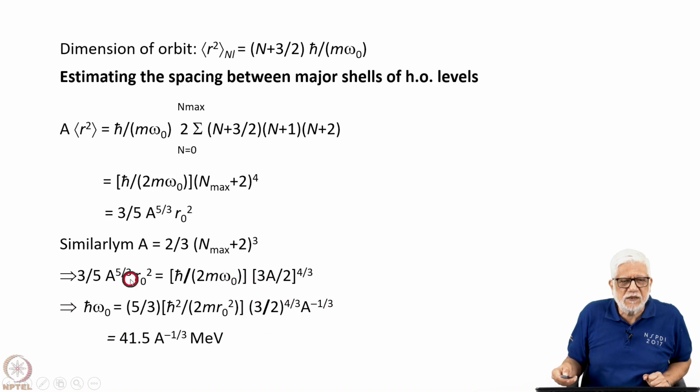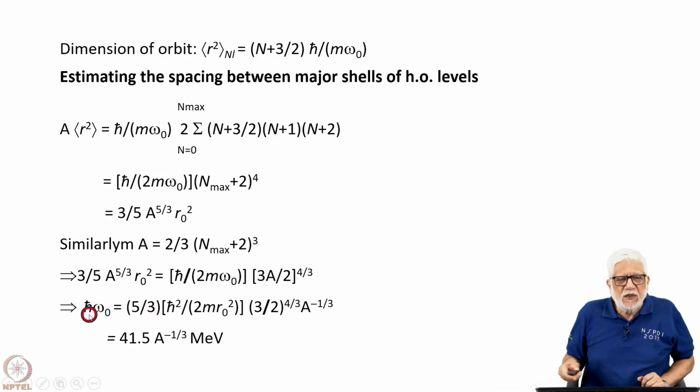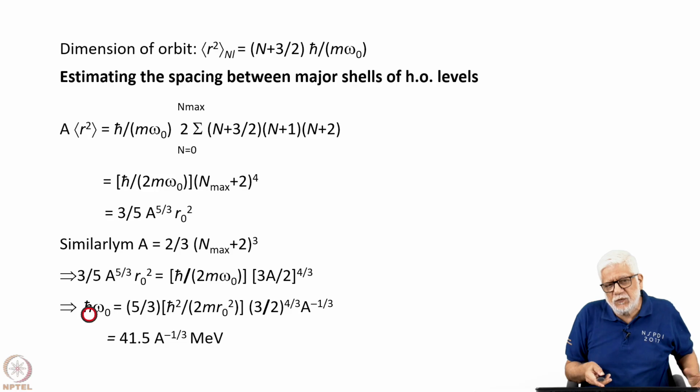And if you combine this from this relation, you can get a h cross omega 0, which is about 41.5 times a to the minus 1/3. So, the spacing between the harmonic oscillator levels goes down, but in a to the minus 1/3 way.